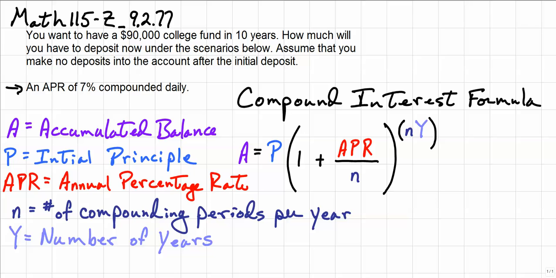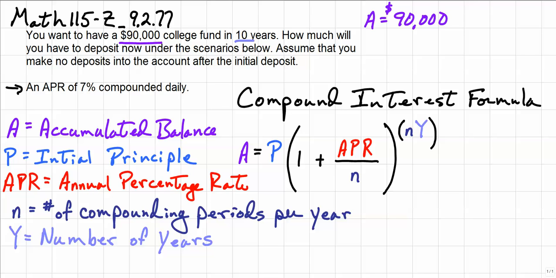Well, the $90,000 college fund, that's what you're going to have as an accumulated balance. So we'll let A be equal to $90,000. So that's my A.